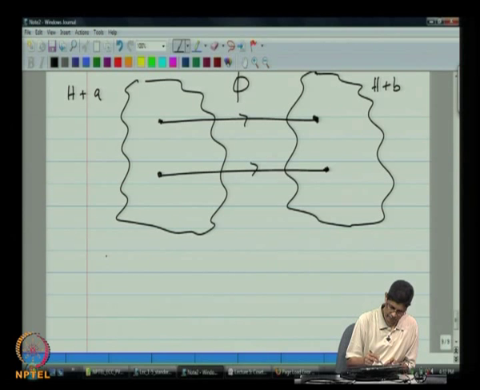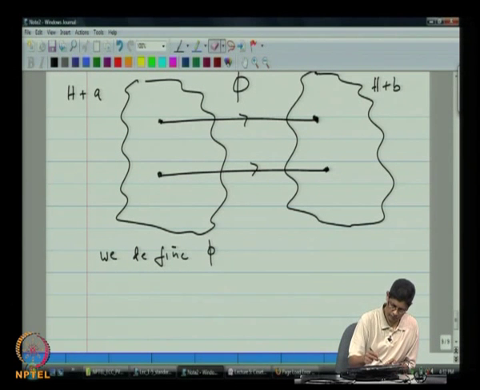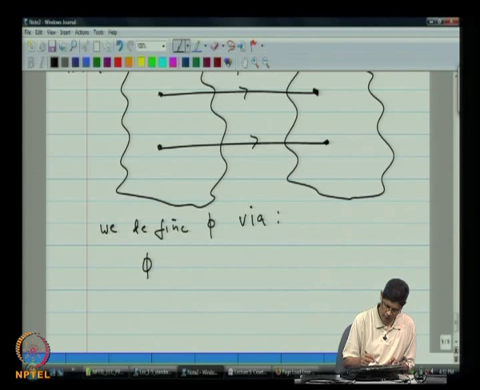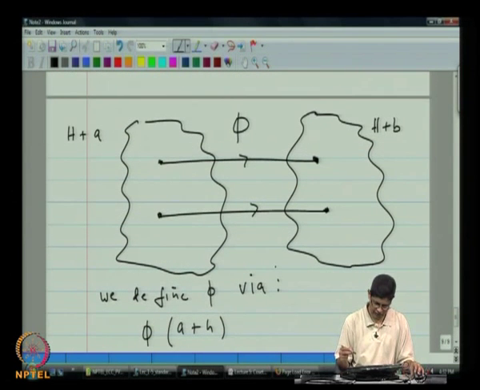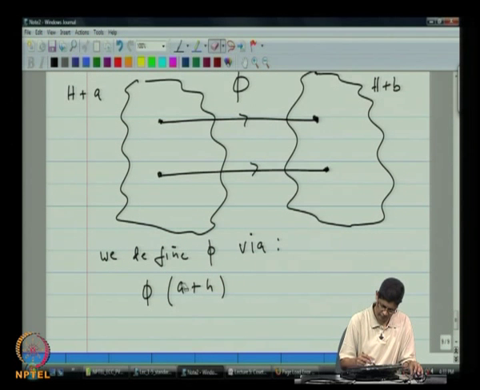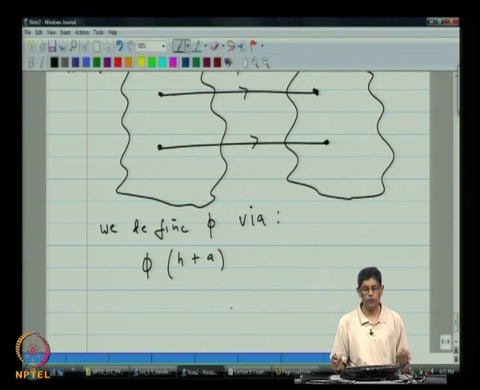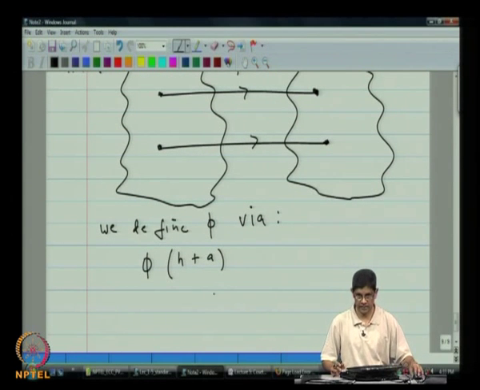We define phi via phi of H plus A. Okay, so maybe to be careful, since it's H plus A, let me write this as H plus A. So, this is phi of H plus A. If the group was commutative, then H plus A is the same as A plus H, but let us say we don't know that, although in the applications to coding theory it will be commutative.